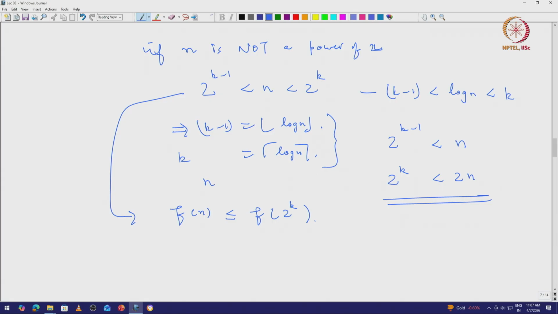This is because n is less than 2 power k and f is monotonic, therefore f of n is less than or equal to f of 2 power k. But f of 2 power k has a formula: k times 2 power k minus 2 power k plus 1. This is the formula for it.